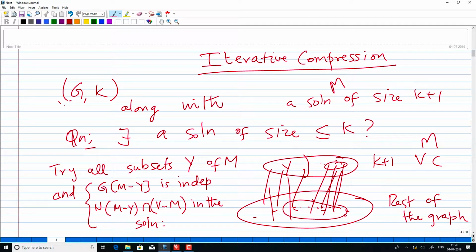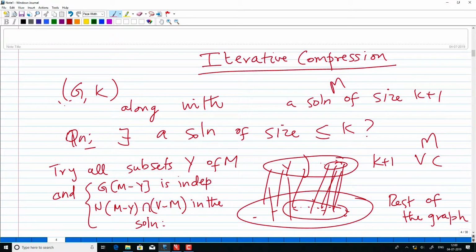Oh, okay, very good question. Where did we even ask for k and so on? What is my solution I have picked? I have got Y and I have got the neighborhood of M minus Y intersection V minus M. Together I count how many I have got. If it is less than or equal to k, then I say yes.